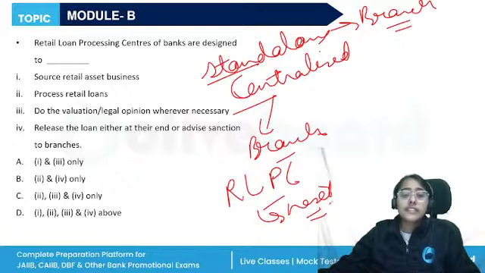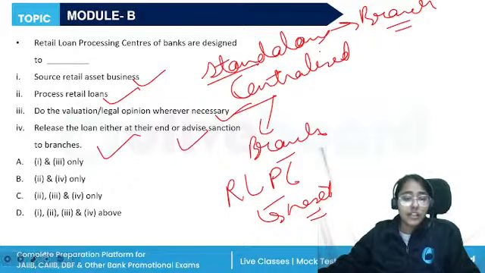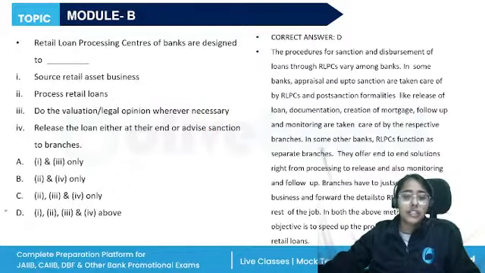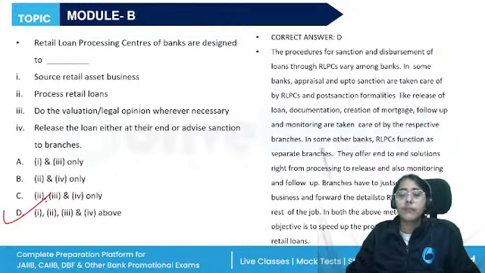So the retail loan processing centers are designed to source retail asset business, process the retail loans, do the valuation or legal opinion, release the loan either at their end or advise the sanction to the branches. So the correct answer will be option D, 1, 2, 3, and 4 for the sanction and disbursement of loans to the RLPC.